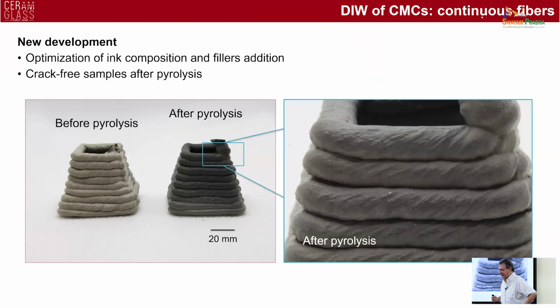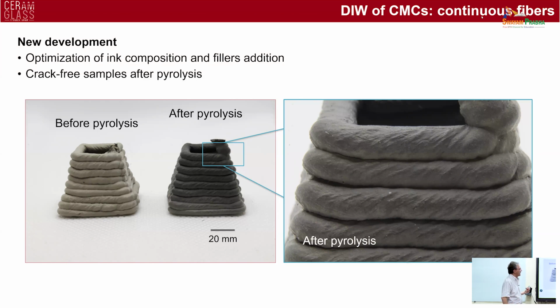So I cannot disclose what we are doing at the moment because we are working with a defense company, but we modified the extrusion device further, and we are now able to print with continuous fibers. You can see here the fiber tow coming out from the cut filament.